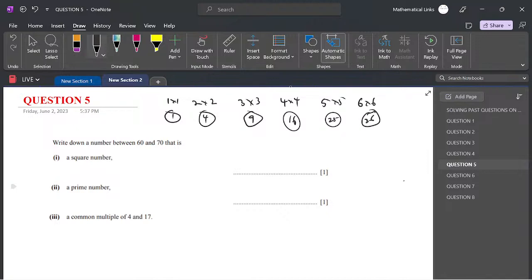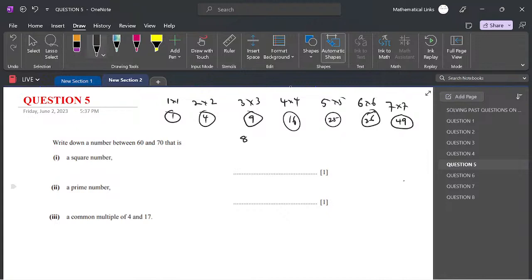Okay, so I'm trying to get a square number that will be between 60 and 70. I can get the answer directly, but I'm just doing it so that it will serve as a revision for those that missed the last class. So the next one will be 7 by 7, that will be 49. 49 is a square number.